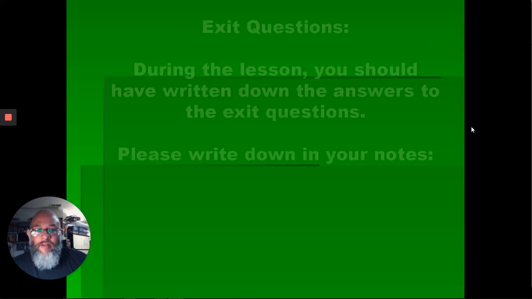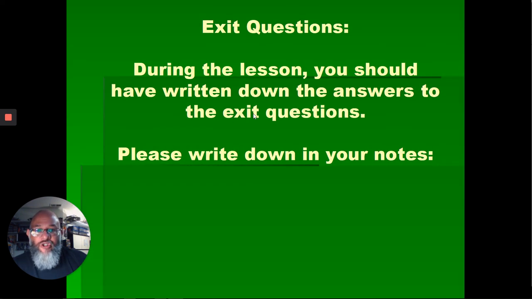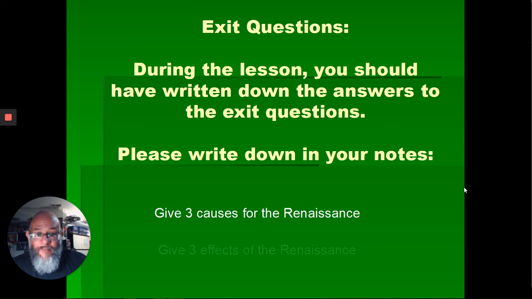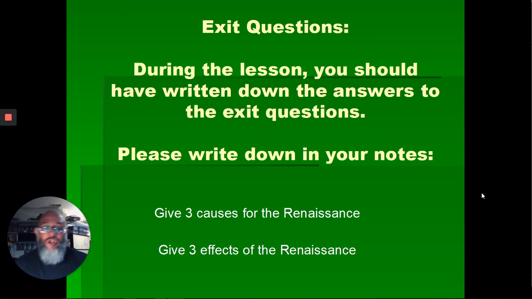All right. So you should have written down the answers to the exit questions in your notes. Write them down in your notes right now. Give 3 causes of the Renaissance and give 3 effects of the Renaissance. That's your goal.